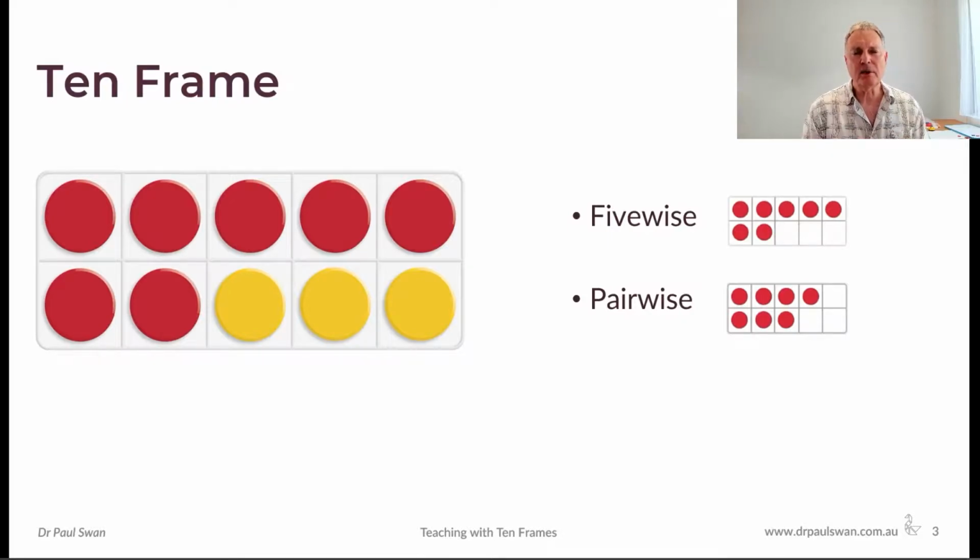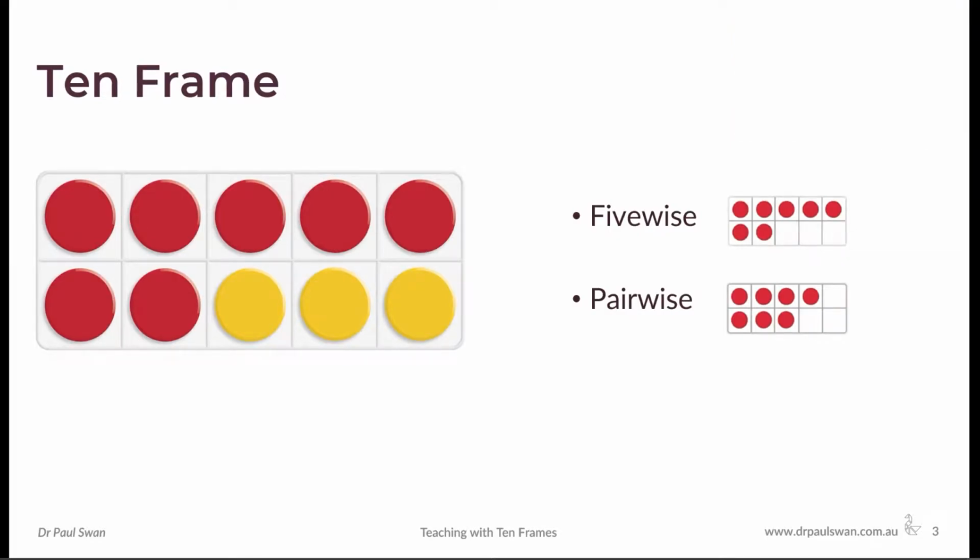Now, one other little comment I'll make is that there are typically 2 ways that you can fill a tens frame. Sitting inside here, we'll have a look at this 5 frame idea, and I'll take us back into there so you can see it in a little more detail. You'll see that you can also have the 5-wise way.